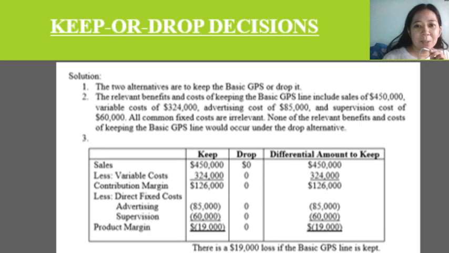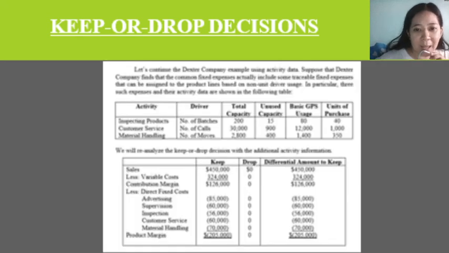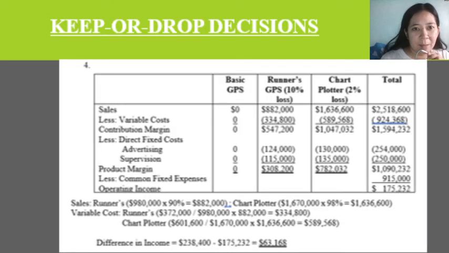Here we can see that if we drop the basic GPS, of course there is no product margin, positive or negative, because we already shut it down.